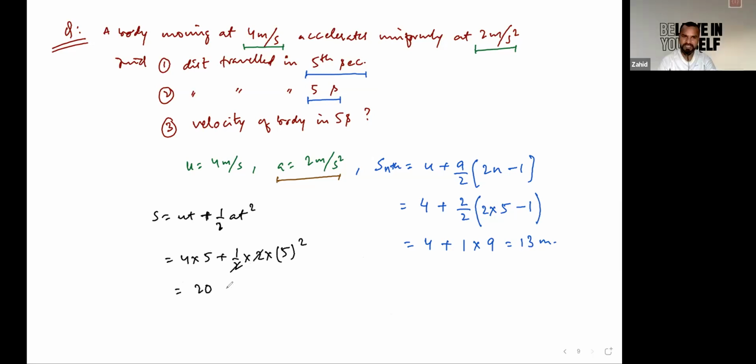So you'll get 4 into 5, 20, and square of 5 is 25. In total, it will give you 45 meter. Using the first equation of motion, you'll calculate the third part, which is u plus at. U is 4, a is 2, and time is 5. So it will be just 14 meter per second.